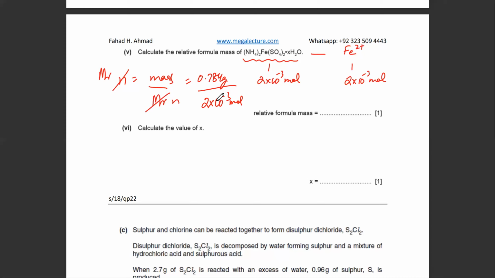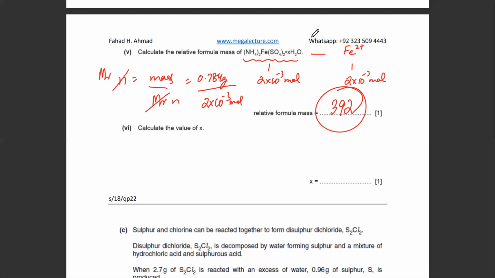What value did we get? Anyone? Read what you are getting, Sidra. 392. The exact 392.